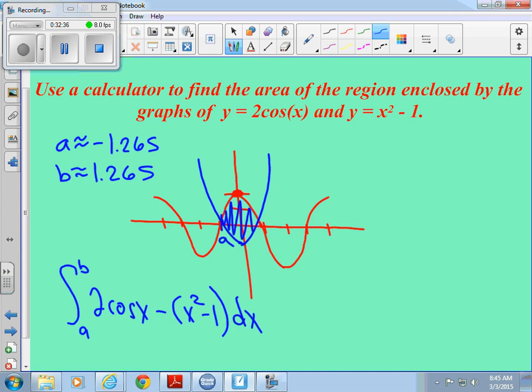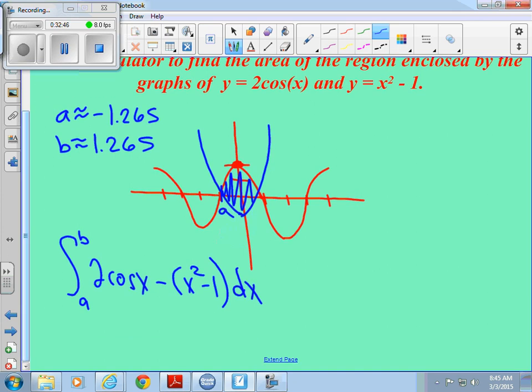I'm going to write it on my paper that way for the AP reader to see that they know I'm using these values, but I'm using stored values. Type all that in my calculator, and I get, make sure you do the parentheses around the x squared minus 1, 1.995.